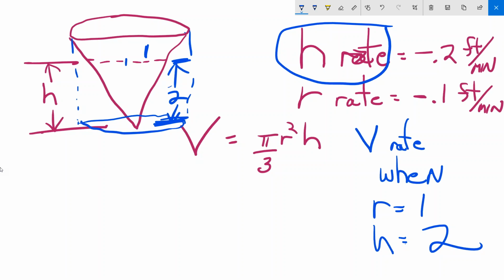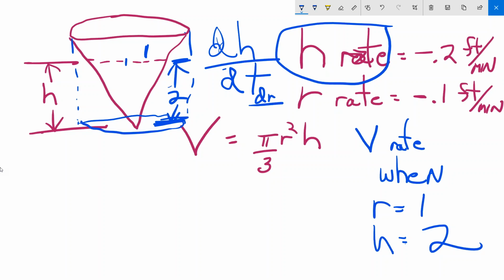Delta H with respect to delta R. Look at the units on that: feet per minute. So what is it? It's with respect to delta time. And that's the way all of these are going to look.